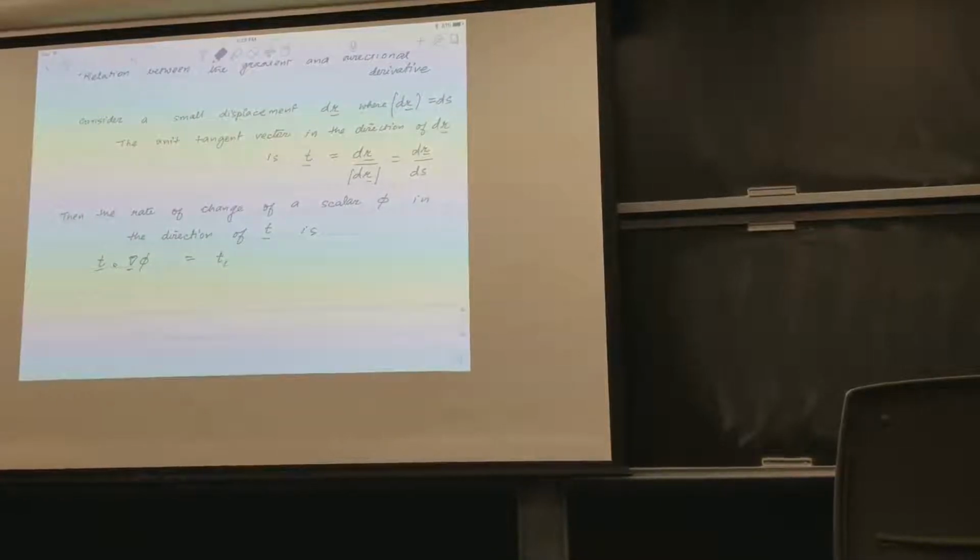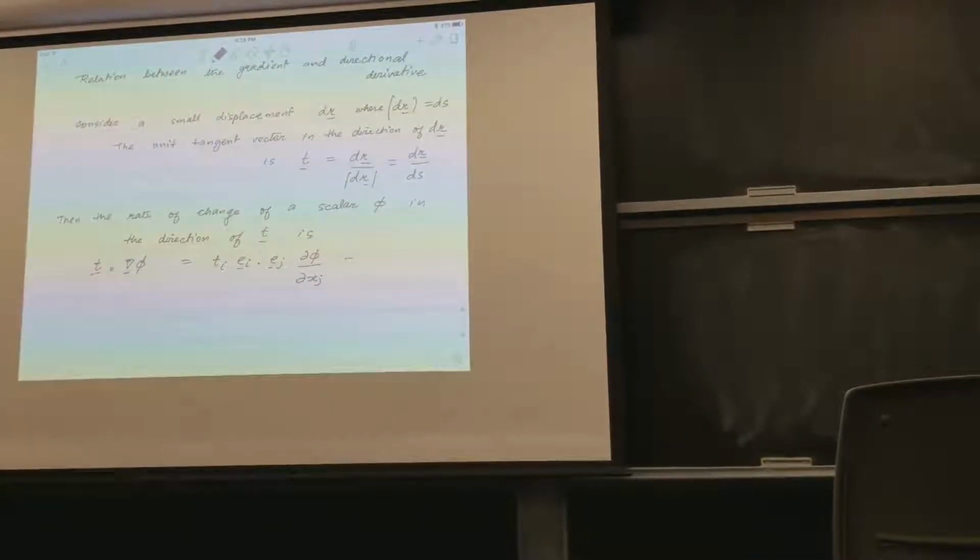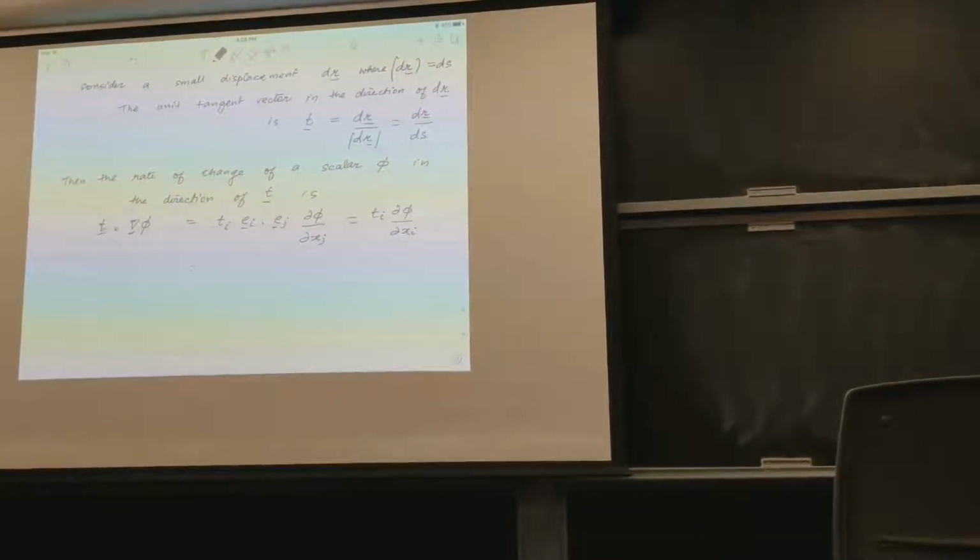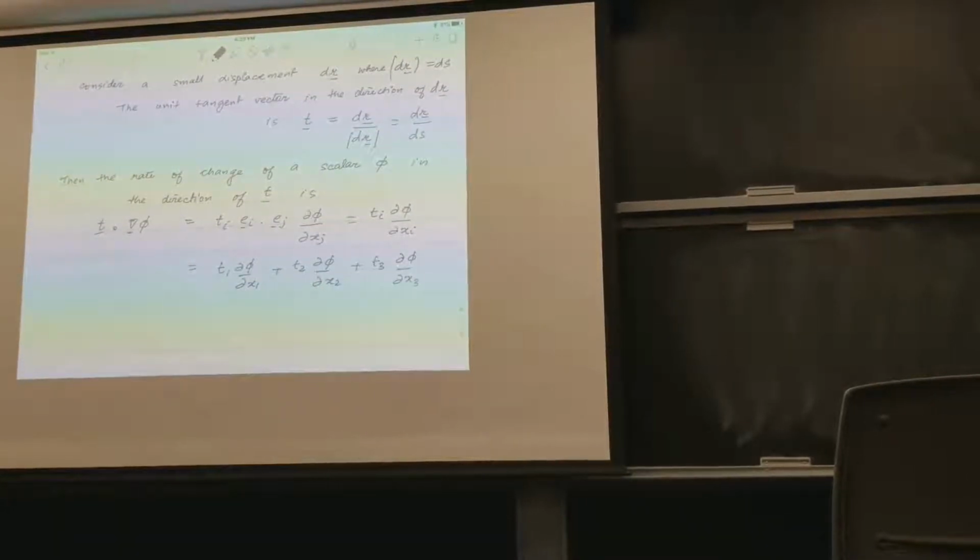So if I use the index notation again, I can do this multiplication, and when I have this multiplication done, I get t_i d phi/dx_i, and I can write this in expanded form. If you always want to write expanded forms, then there's no value in writing the index notation, but we're trying to give you time to become familiar with both the notations.